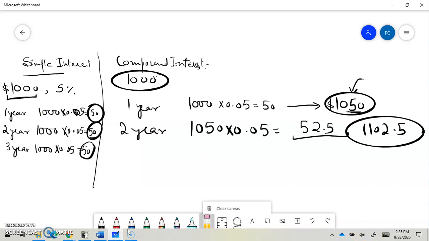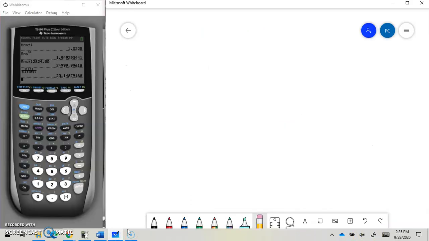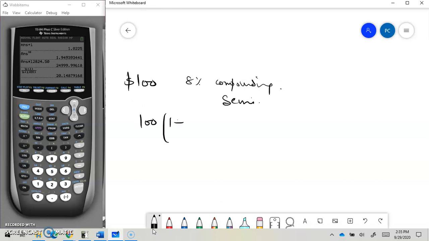so let's use the board. If I deposit $100 at say 8% compounding interest, how much money do I get, say, if it is happening semi-annually? So it will be 100 times 1 plus 0.08 divided by 2, raised to power 2.